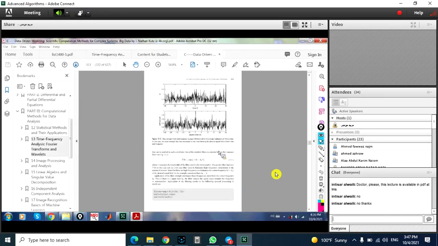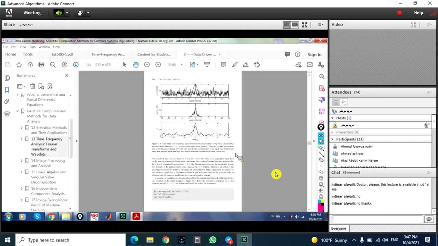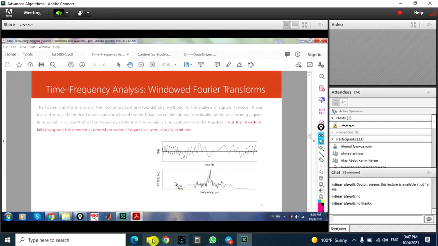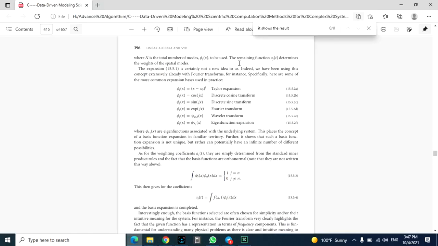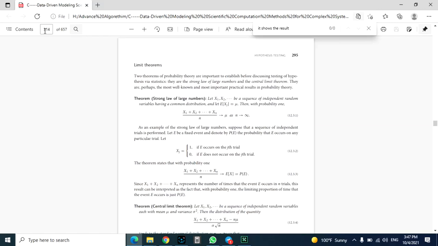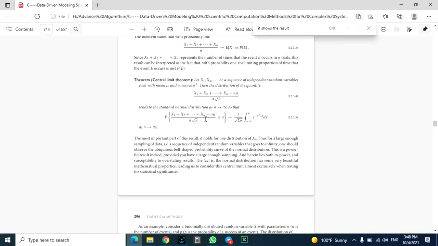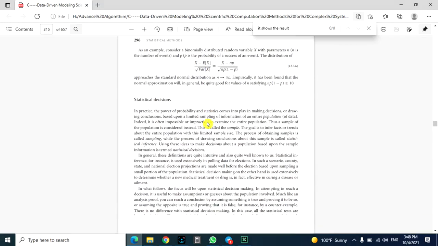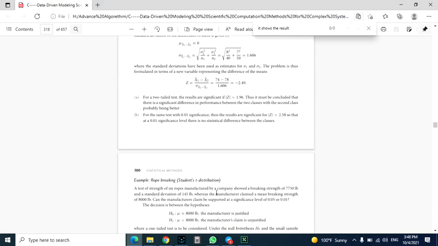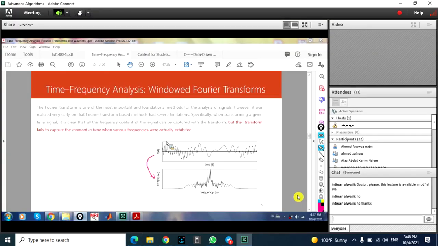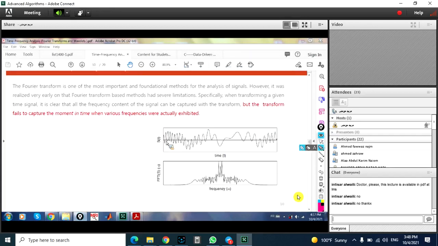In summary, frequency is in the frequency domain. And if we use the Fourier transform figure, for example, if I zoom on it, consider this figure and pay attention to the changes.